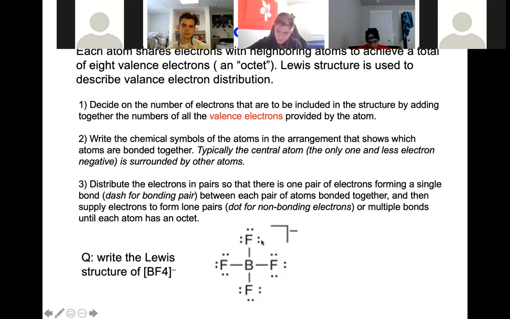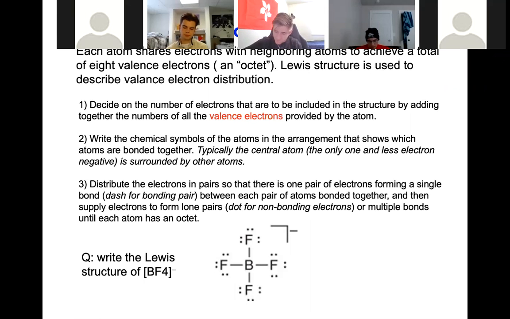For each fluoride, you are going to have additional three non-bonding pairs, and we draw them as a pair of dots on each side, one pair, second pair, third pair. Same thing for the other three fluorides, right? So then you are going to have this anion.